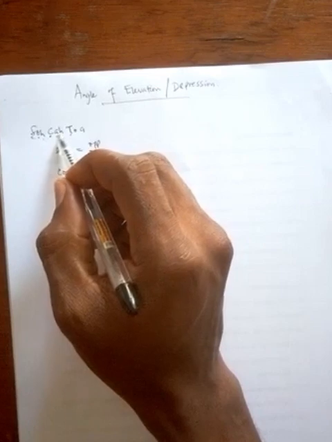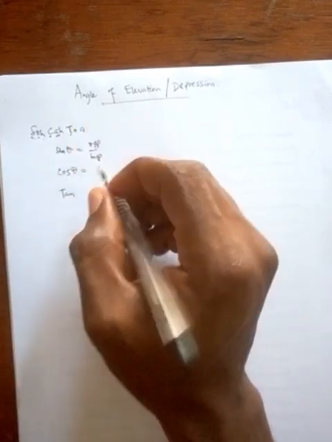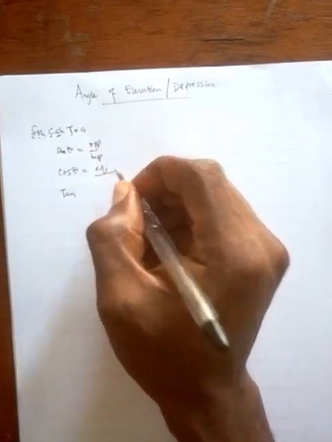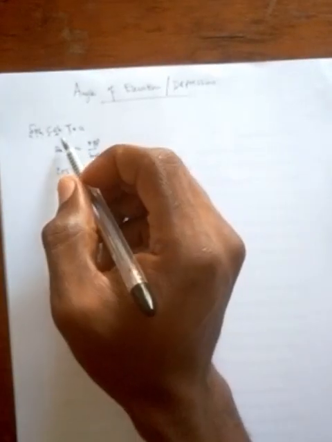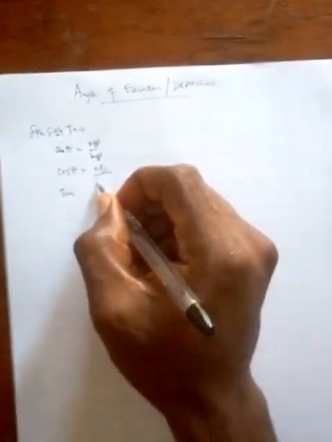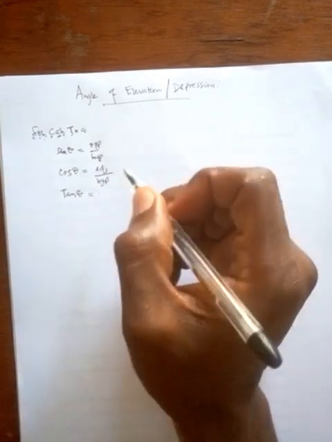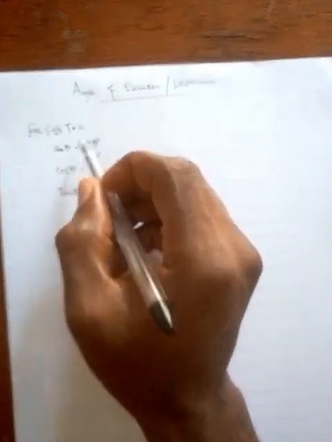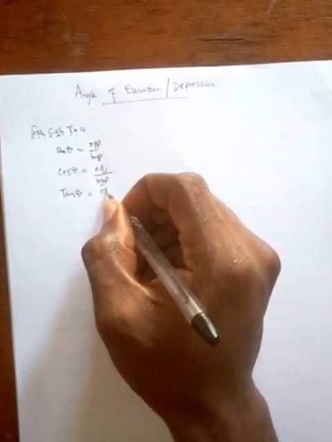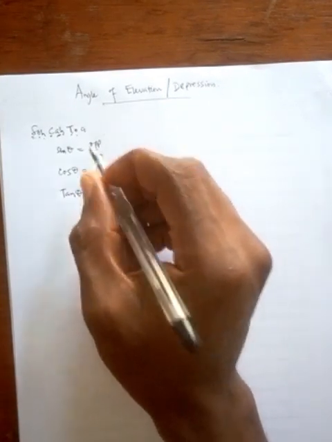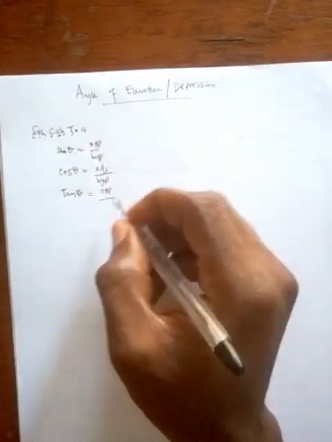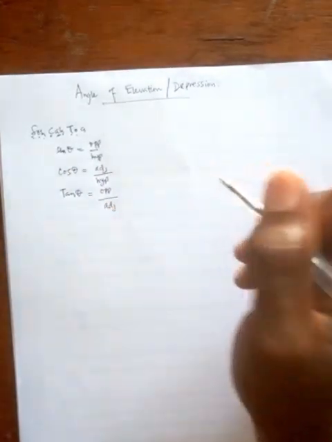For cosine, the A represents adjacent, while the H represents hypotenuse as well. Then for tangent, the O represents opposite, and the A represents the adjacent side.